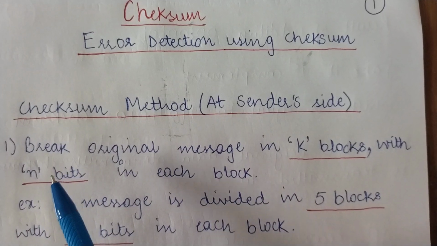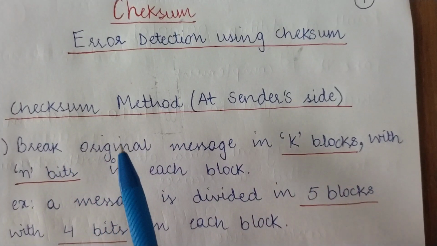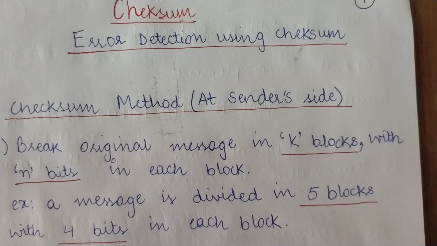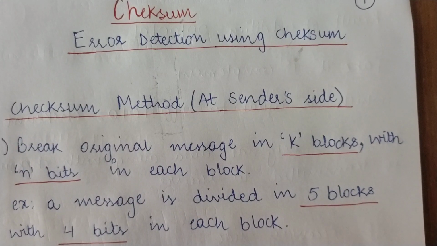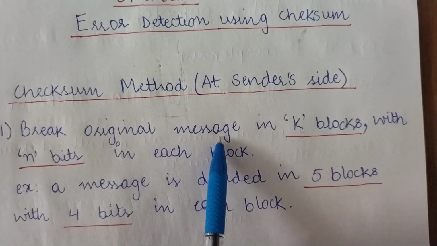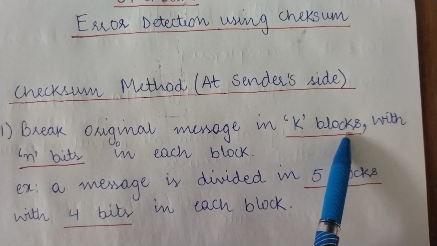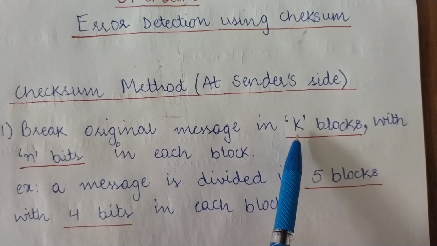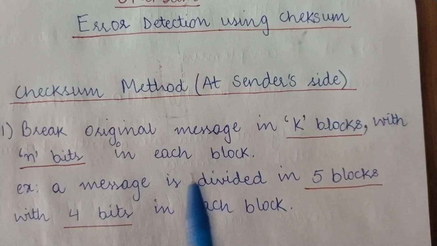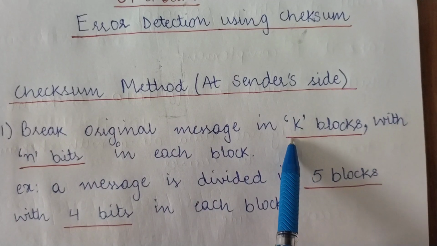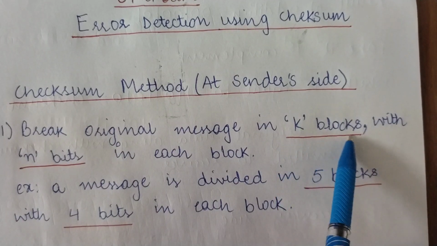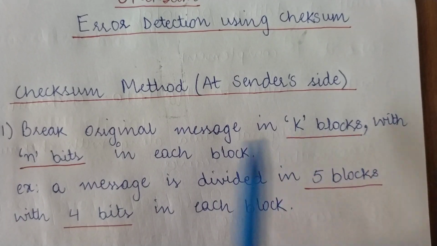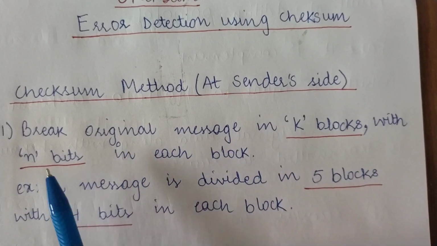We basically divide this method into 3 or 4 steps. In the first step, you break the original message into k blocks with n bits in each block. Say you have m number of bits. Those m bits will be divided into k blocks where each block has n bits.